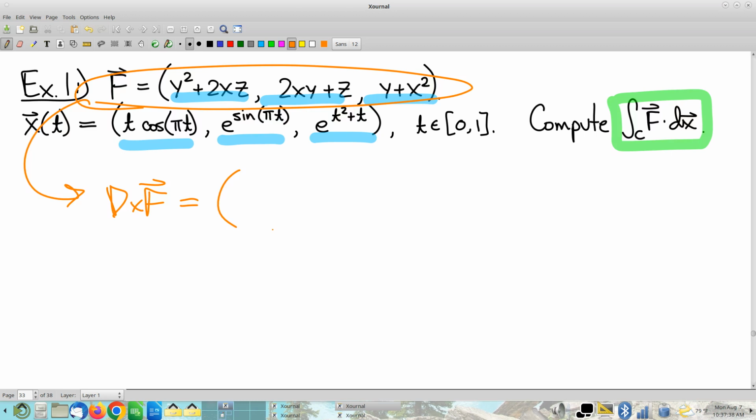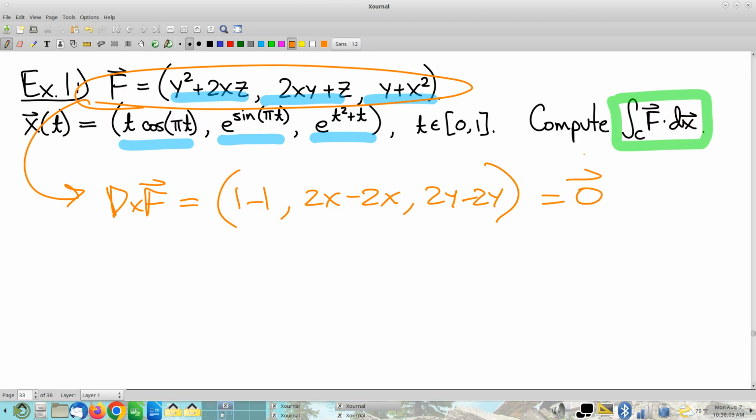So we get 1 minus 1 for the first coordinate. And then 2x minus 2x for the second coordinate. And then for the third coordinate, I get 2y minus 2y. I get the 0 vector.